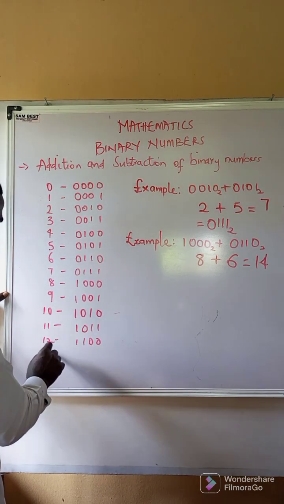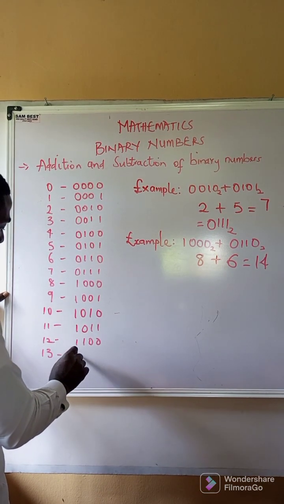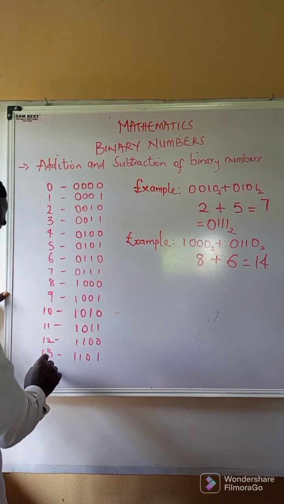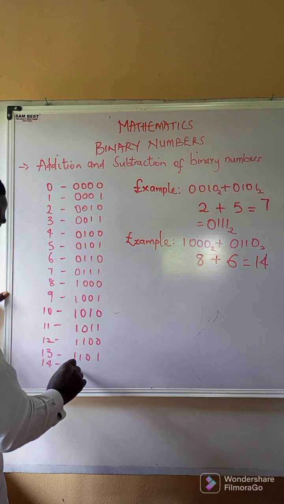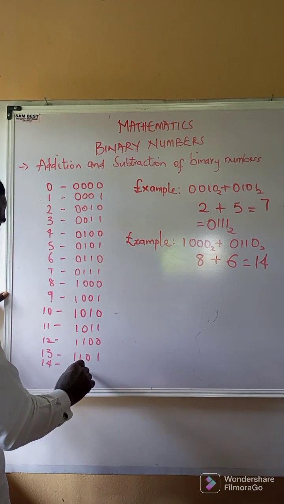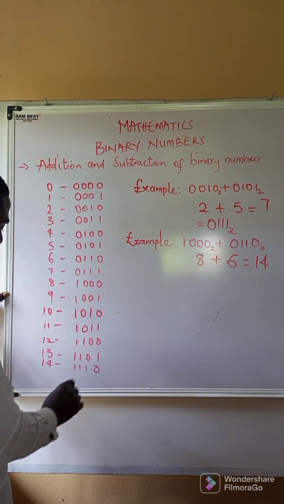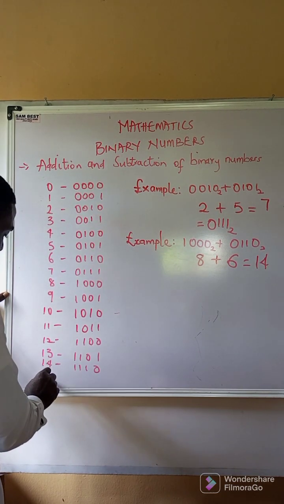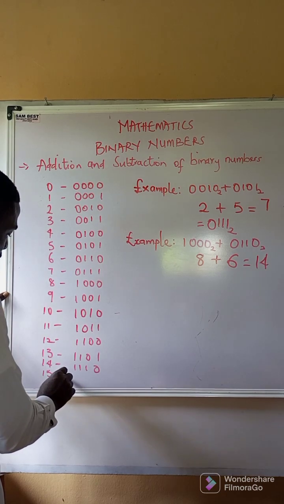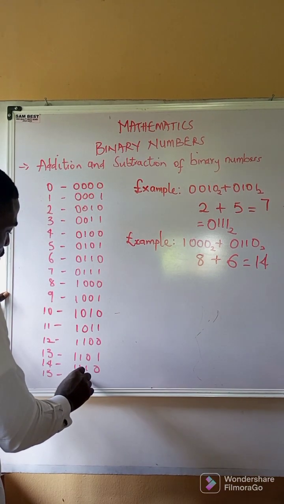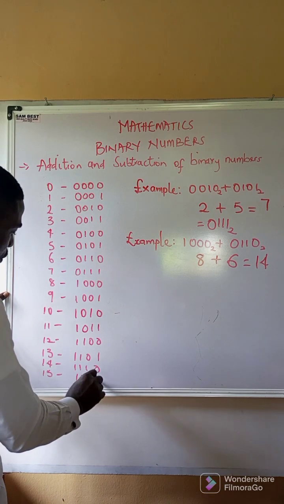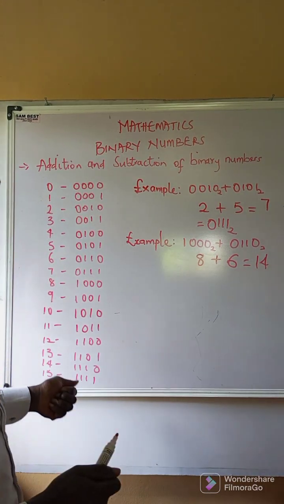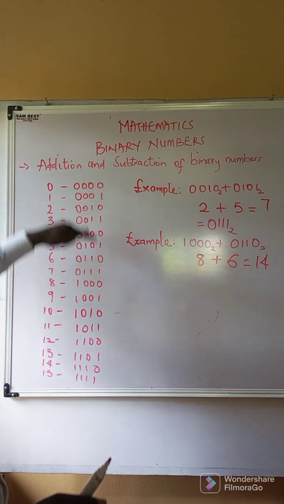Okay, 13, you have 1, 1, 0, 1. 14, you have 1, 1, 1, 0. Are we following? And then 15, you have 1, 1, 1, 1.